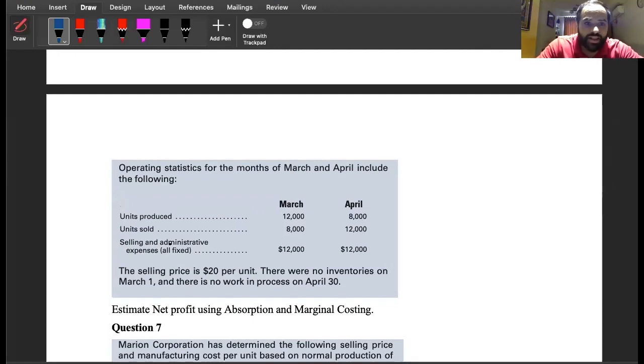But this question makes things very clear. All these selling and administration costs are fixed. So we do not have a variable non-manufacturing cost. All are fixed non-manufacturing. So this is very clear. Selling price is 20 and we do not have any opening inventory. So calculate.